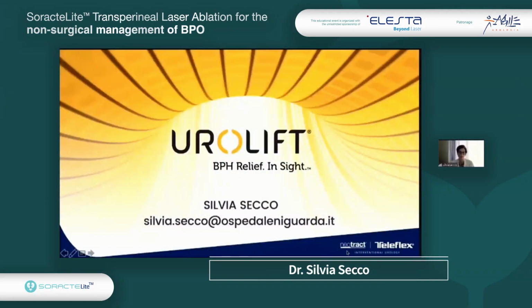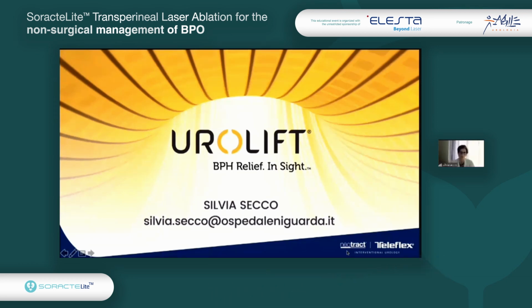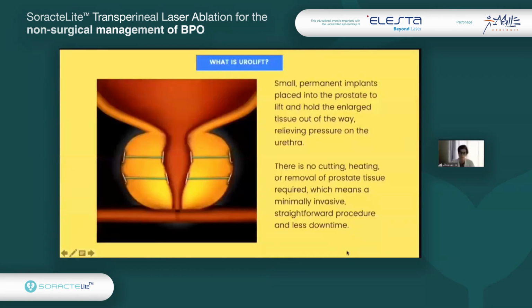And as you have actually said, Urolift is nowadays the only minimally invasive treatment that allows us to maintain ejaculation. But maybe you have heard the name Urolift, but many of us may not know what Urolift is, and I'm going to try to explain. We should consider Urolift as a small permanent implant that is placed into the prostate.